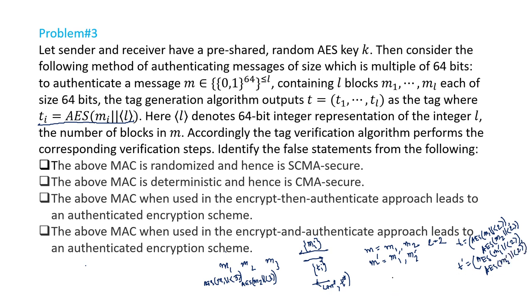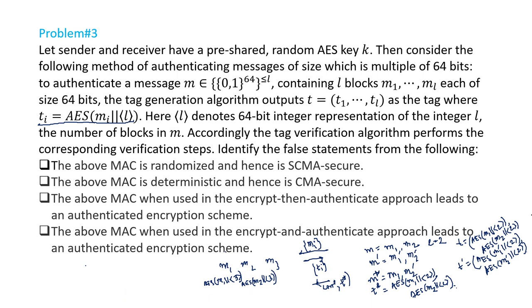Now you can come up with another valid message-tag pair where M star is M1, comma, M2 dash, such that T star is AES of M1 concatenated with 2, and AES of M2 dash concatenated with 2. You can even do this after seeing a single message.